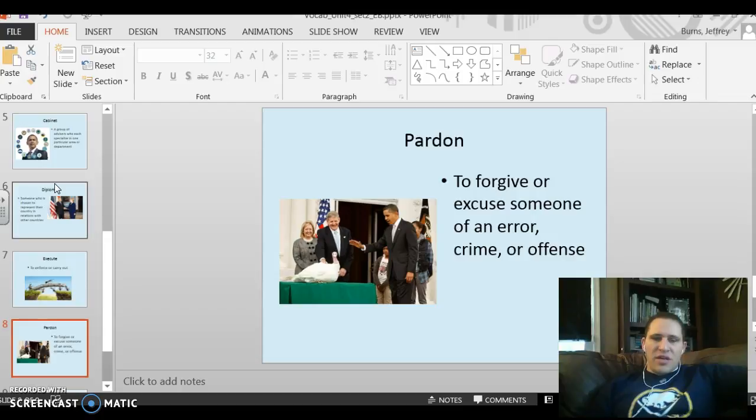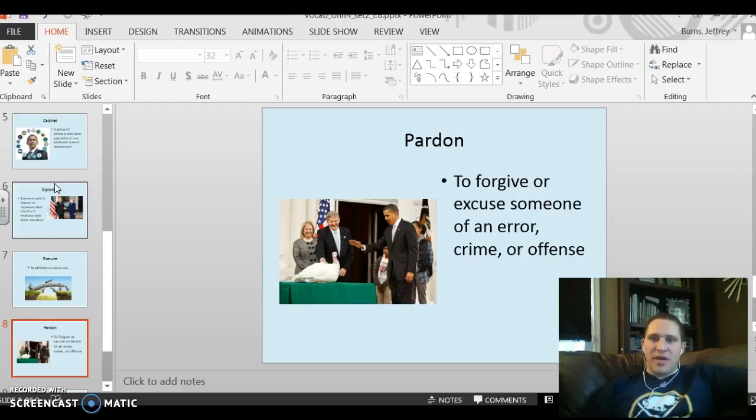All right, 2 more. Pardon is next. One of the roles of the president is being able to pardon criminals. And every year, you can see in this picture, he pardons a Thanksgiving turkey, just as kind of a gesture. But it's basically to forgive or excuse someone of a crime. Usually when people are getting pardoned, it's some kind of white-collar crime or minor crime.